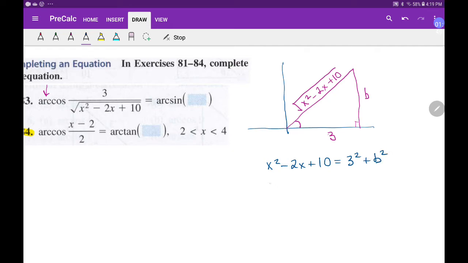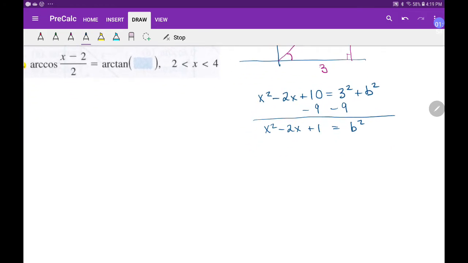So when I subtract 9 from both sides, I get x squared minus 2x plus 1 is equal to b squared. I think I'd like to factor that. So it looks like it's x minus 1 twice, right? x minus 1 again. How convenient is this?